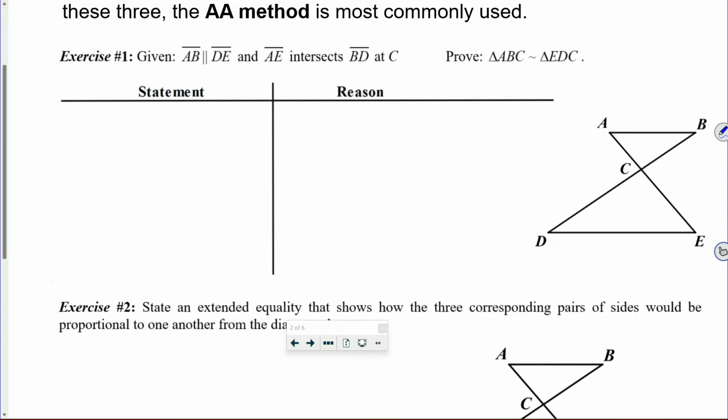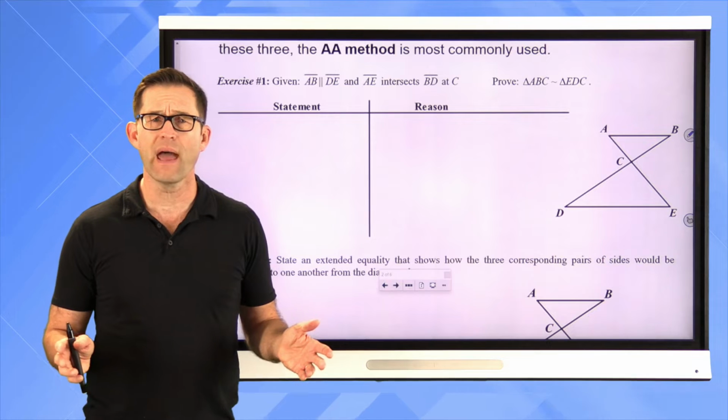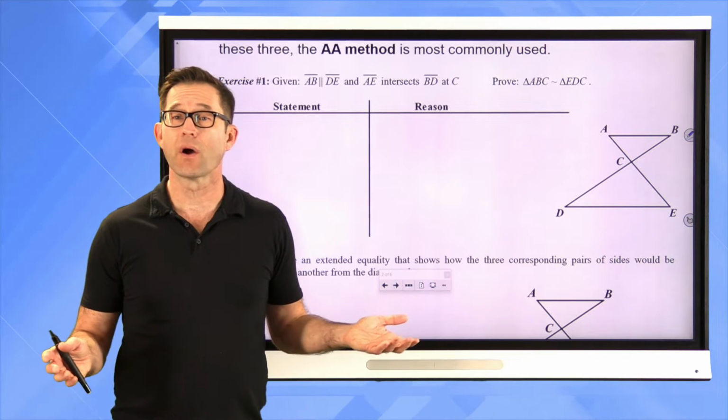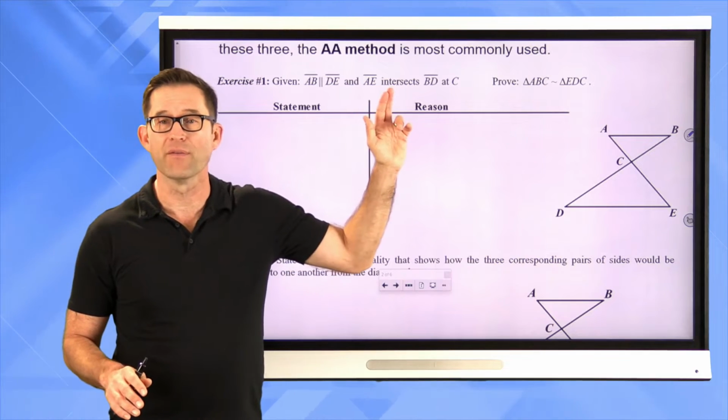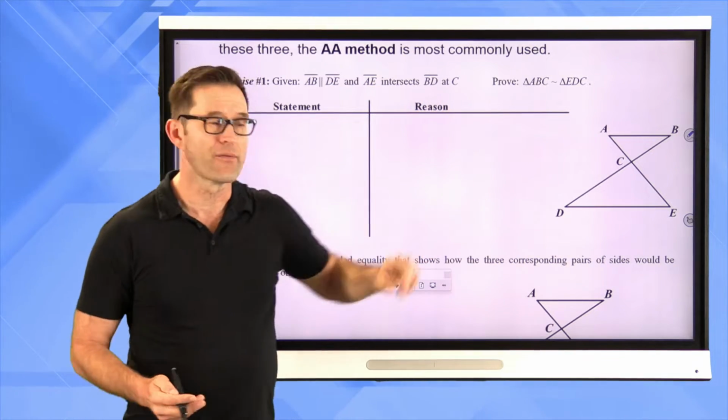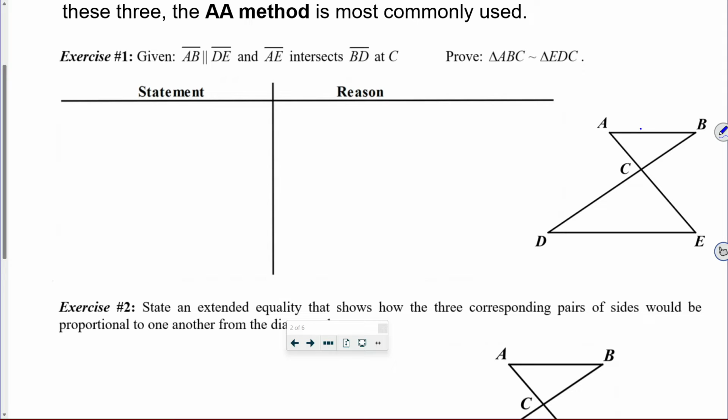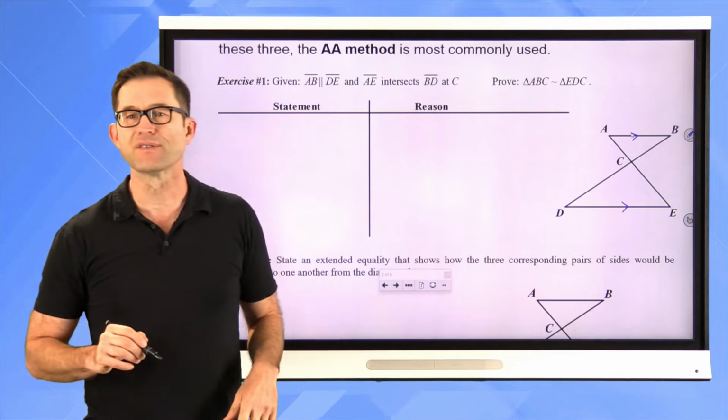Given that AB is parallel to DE, and segment AE intersects segment BD at C, prove that triangle ABC is similar to triangle EDC. Now, there's a few ways to do this, but let's just understand what we can tell from the givens. First off, we know that AB is parallel to DE, and that tells us quite a bit.